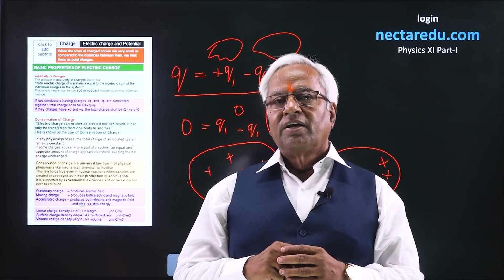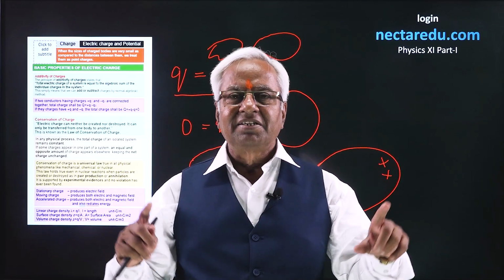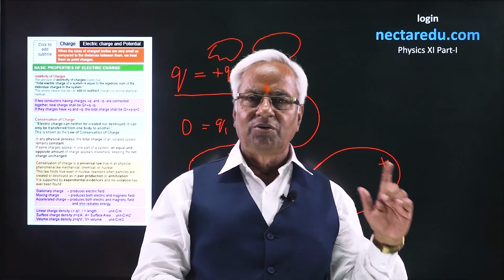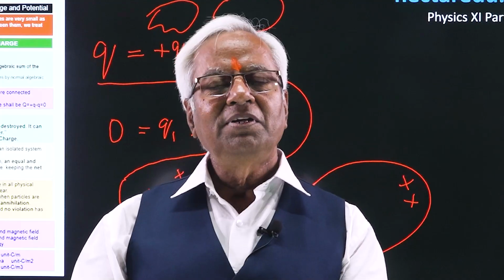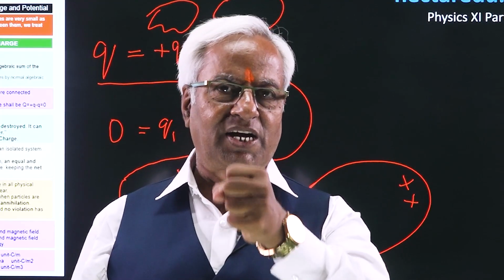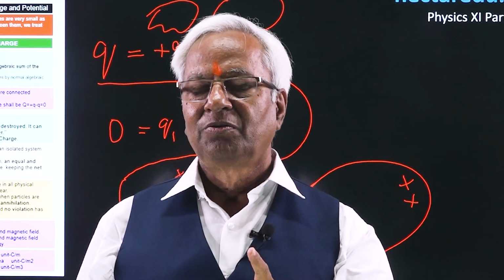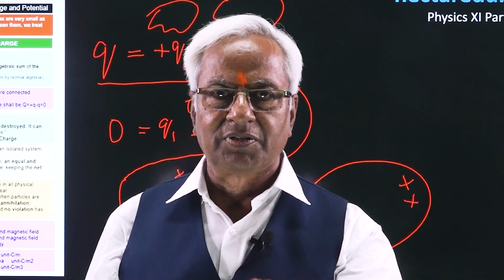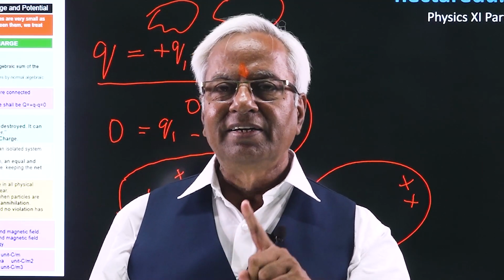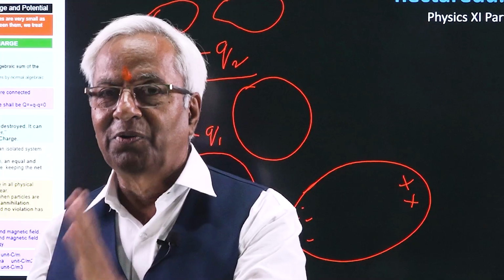You see, in the entire universe, this law is applicable. Nobody knows what type of net charge is owned by the universe. Nobody can say whether the total universe is positive or negative. It is a result yet to be explored.